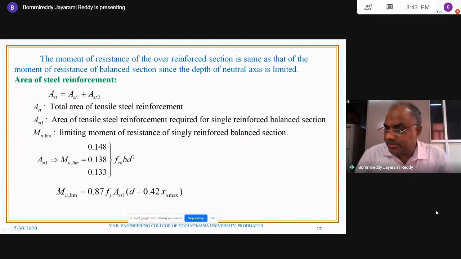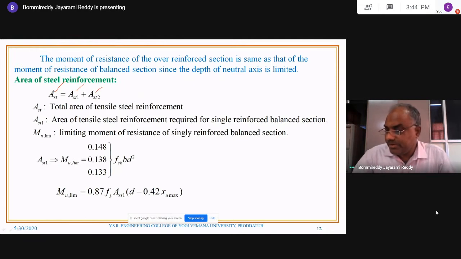Now, design. Design means computing the area of the steel reinforcement. You know, total steel reinforcement is Ast1 and also Ast2. What is Ast1? Ast1 is the area of tensile reinforcement required for the singly reinforced balanced section. Already I told you, Mu limited is the limiting moment of resistance of the singly reinforced balanced section.